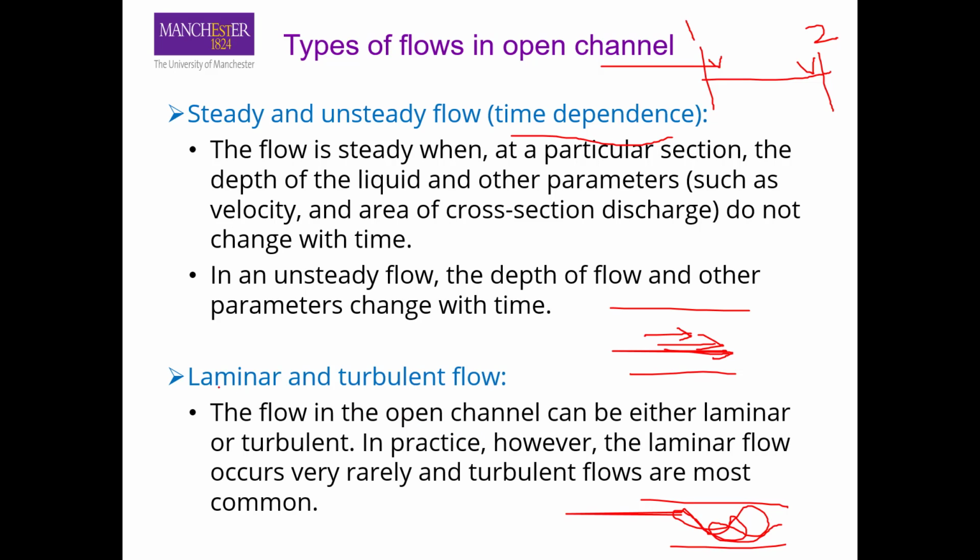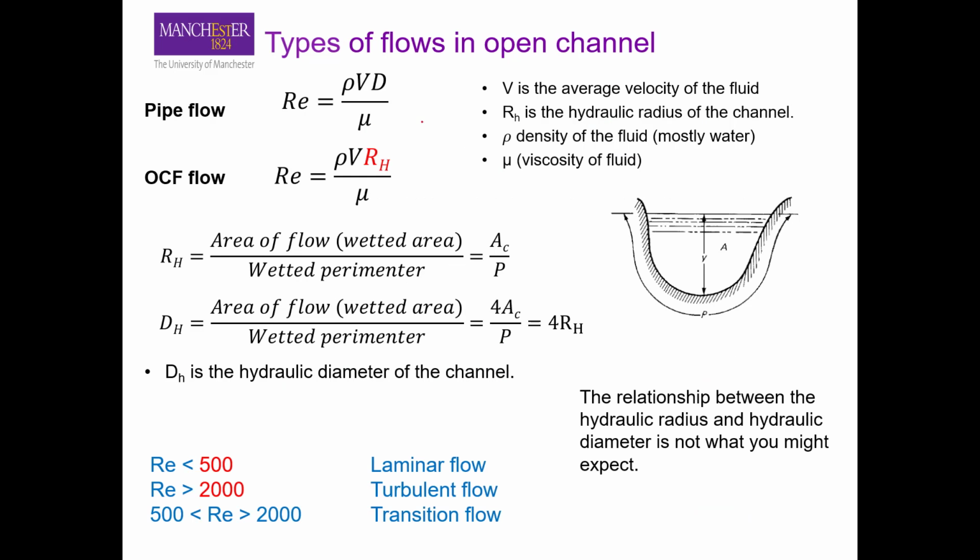We can define this transition from laminar to turbulent flow by using a dimensionless number that is called the Reynolds number. And if you remember from previous lectures, the Reynolds number for pipe flow is equal to rho V d over mu. Rho is the density of the fluid, V is the velocity, d is the diameter of the pipe, and mu is the viscosity.